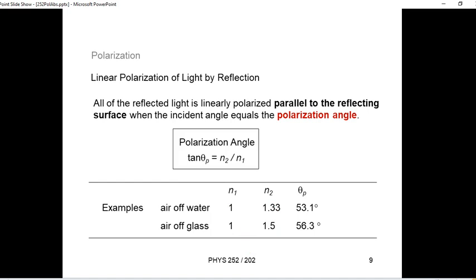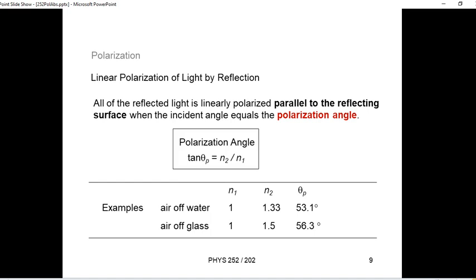I do want to mention polarized sunglasses. If you buy a pair of sunglasses that supposedly are polarized, you have these polarizing filters, these dichroic polarizers on the lenses, and they put the transmission axis, or polarization axis, vertical. Because what polarizing sunglasses are supposed to do is reduce glare.